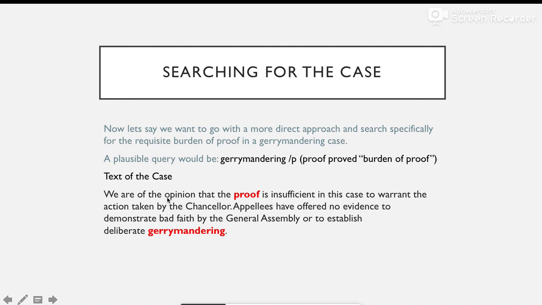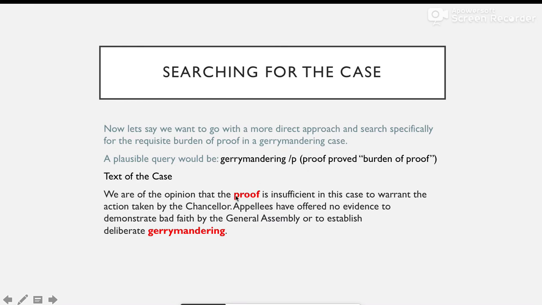"We are of the opinion that the proof is insufficient in this case to warrant the action taken by the Chancellor. Appellees have offered no evidence to demonstrate bad faith by the General Assembly or to establish deliberate gerrymandering." So you see that you have gerrymandering, and it is within the same paragraph of one of these three words.